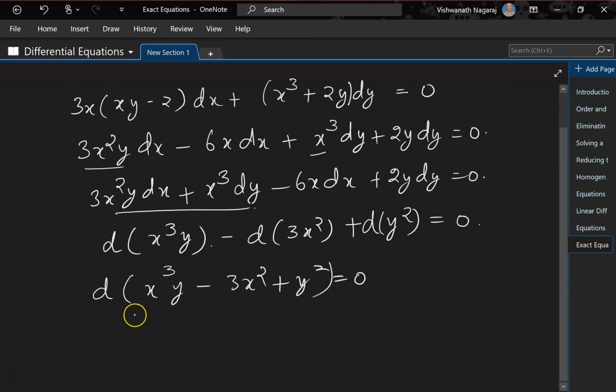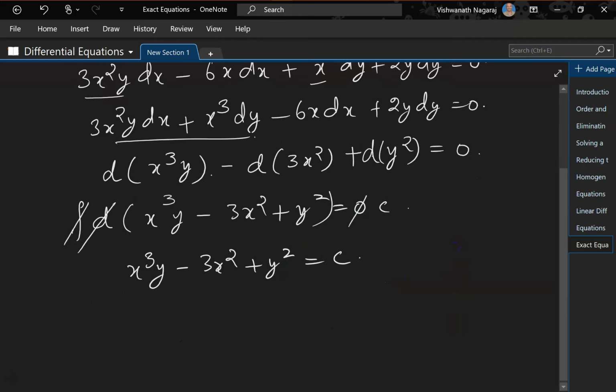Now, to get the solution, we integrate it. When we integrate it, this integration and this differential get cancelled, and we are left with x³y - 3x² + y² = c. When we integrate it, we have the constant of integration.